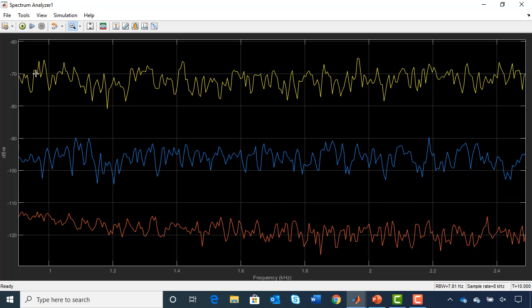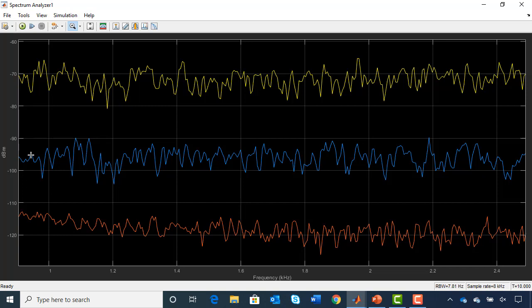We would expect, using the rule of thumb of 6 dB per bit, if we go from 12 to 16, an improvement of about 24 decibels in noise floor. So you can see we're going from about minus 70 down to about minus 95, 94. That's consistent. If we add 4 more bits, we should be down another 24.